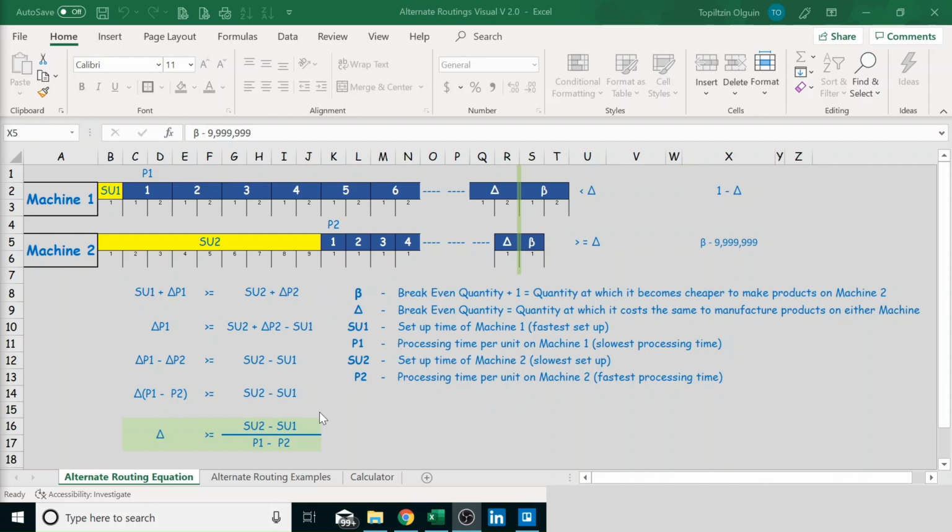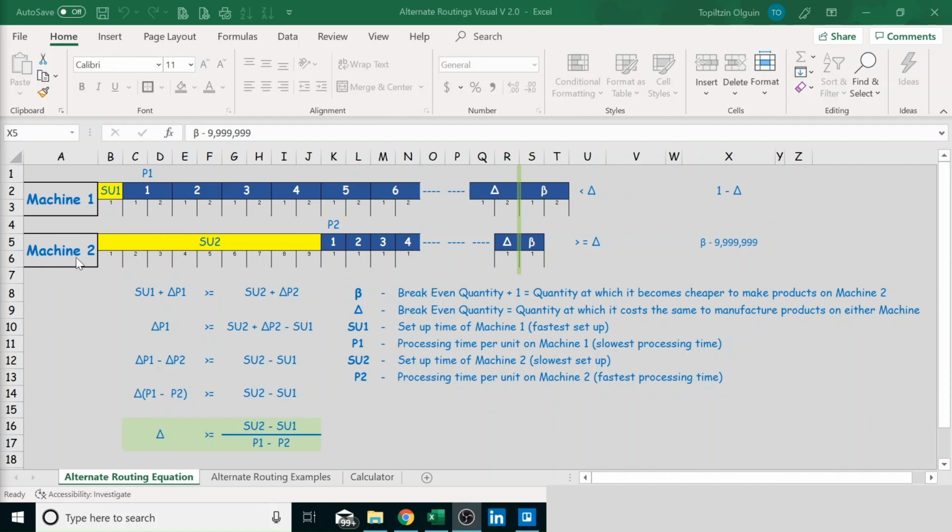So here it is. We have machine one, which is a very manual machine, and machine two, which is a more automated machine. Machine one has a setup of 1 unit of time, let's say in this case a minute, and a processing time per piece of 2 minutes.